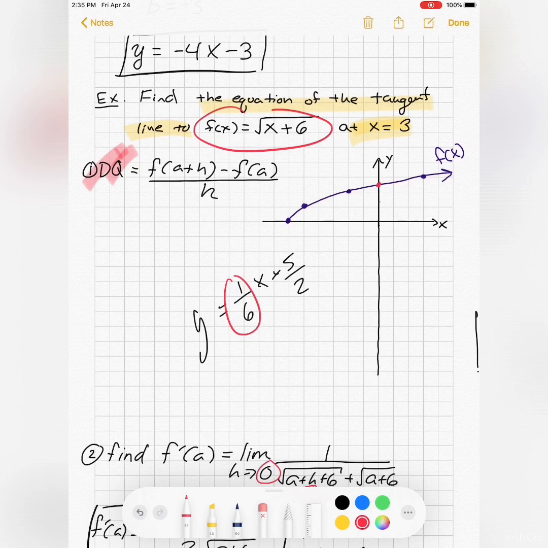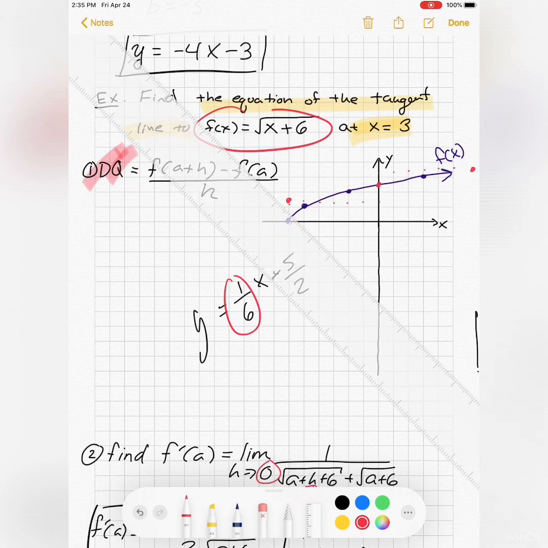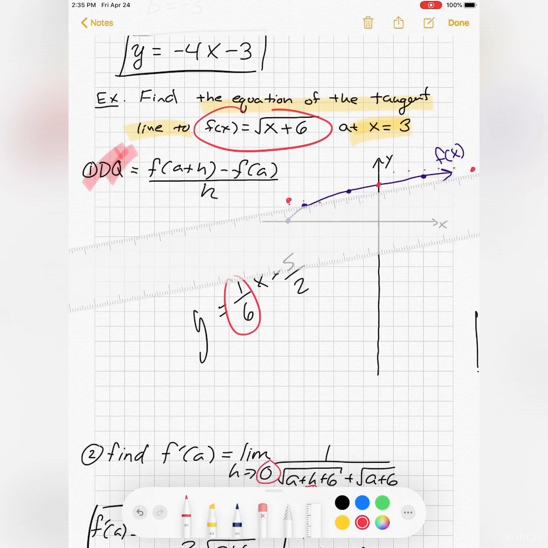So down 1, right 1, 2, 3, 4, 5, 6. More like so. And then up 1, 1, 2, 3, 4, 5, somewhere over here-ish. Okay, and then I'll try to connect those to see my tangent line.